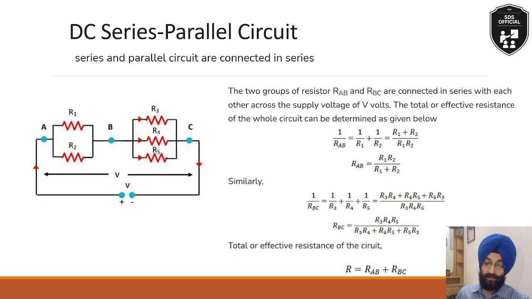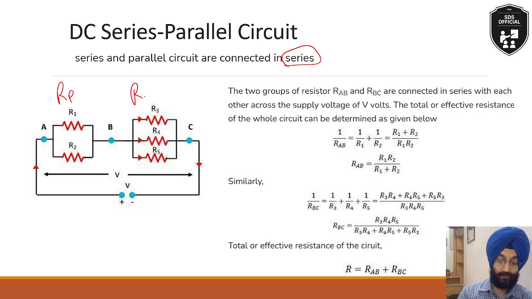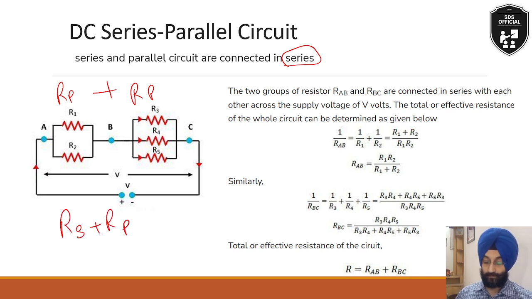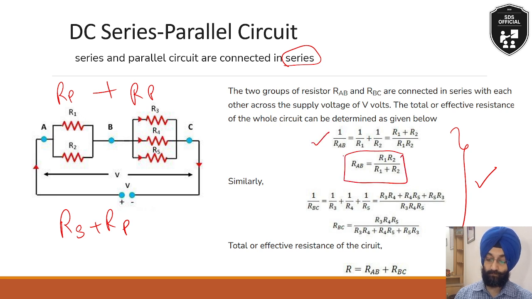Next is the DC series parallel circuit. So here, series and parallel circuits are connected in series with each other, either two parallel combinations or a series parallel combination. A series and parallel combination can be connected with each other, and the resistance can be found out accordingly. For example, here, the resistance between A and B can be found by this formula: 1 upon RAB is equal to 1 upon R1 plus 1 upon R2.